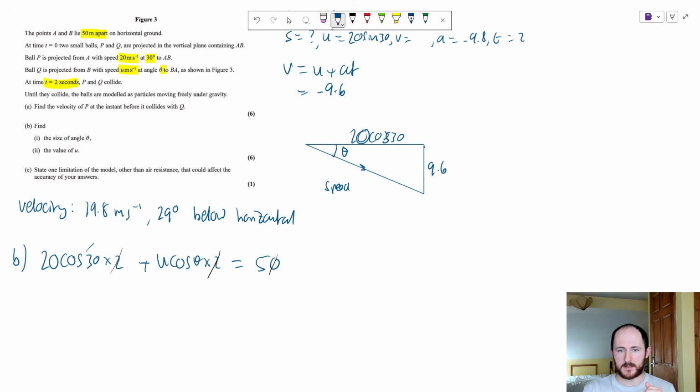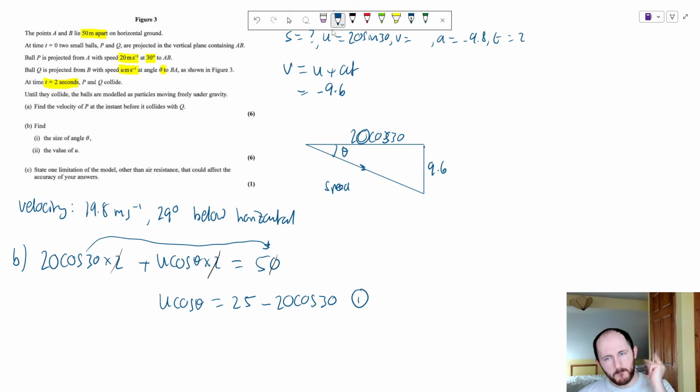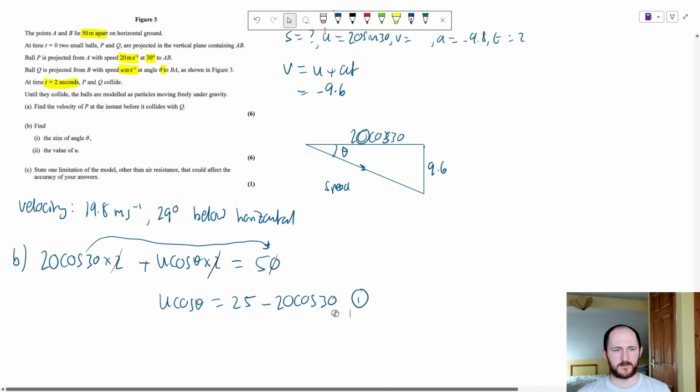And then I'm going to move this over to the other side. So we get u cos theta equals 25, because I've divided everything by 2, minus 20 cos 30. There you go. Got my first equation already. Lightning fast. Absolutely lightning fast, which has given me 2 marks straight away.